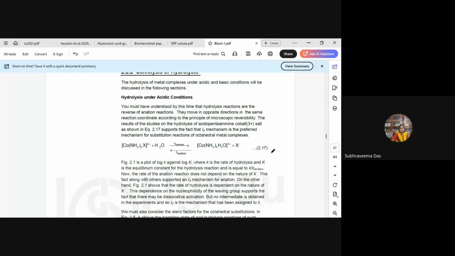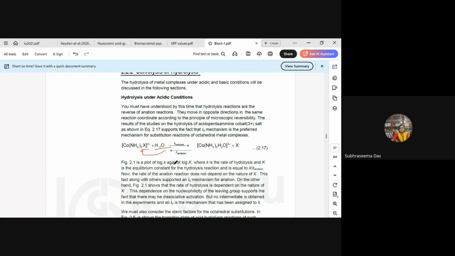According to the principle of microscopic reversibility, the results of the studies on the hydrolysis of Co(NH3)5X plus H2O: what happens here is that X goes away and H2O enters. That means the anion X minus is removed, and H2O gets inside.